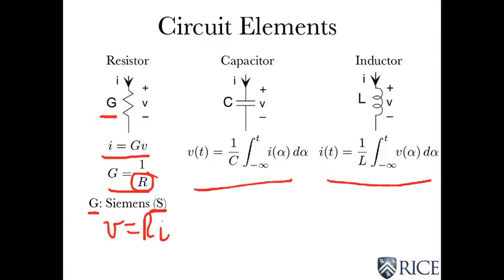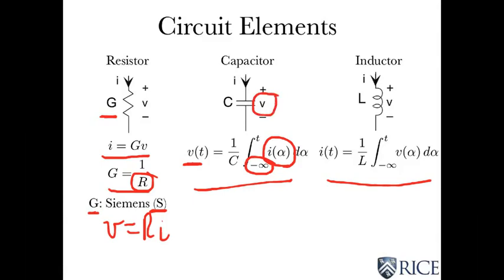And as I said, all integrals in this course are definite integrals, and they all start at minus infinity. So, in some sense, a voltage in a capacitor has infinite memory of all the previous values of the current. All previous values of the current, no matter how they arose, going back to the beginning of the Big Bang, are summarized by the voltage.